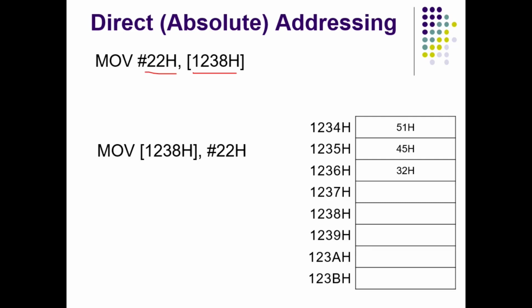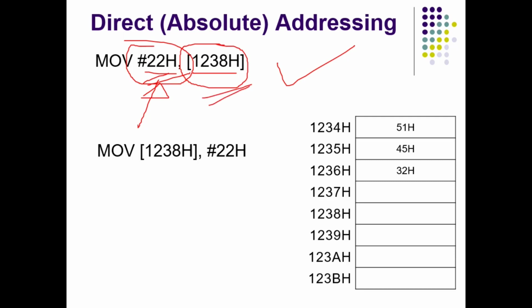Here you can ask me whether this can be identified as an immediate addressing mode, because there is immediate data present at the source operand. No, you cannot, because if you go back and check the definition of immediate addressing mode, I have clearly mentioned that it is called immediate addressing mode only when the source has immediate data and the destination must be a register. Here the destination is not a register.